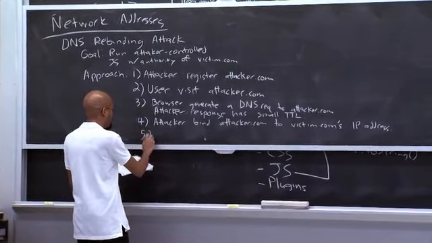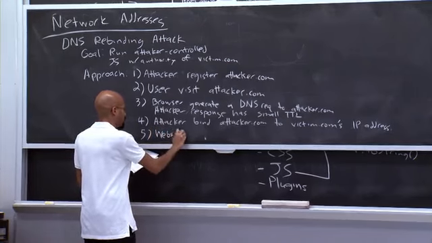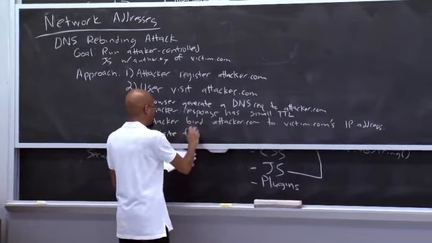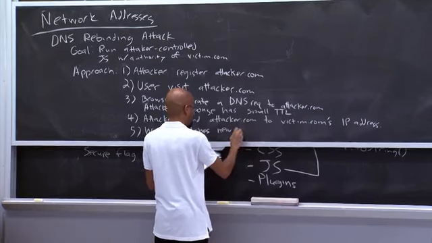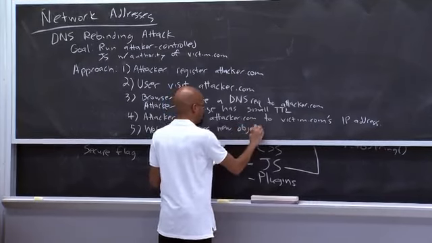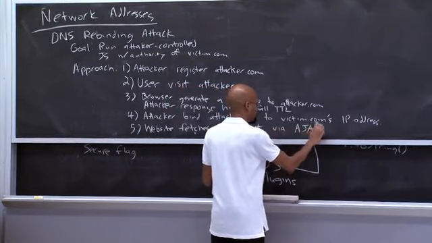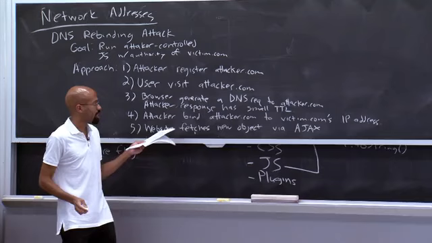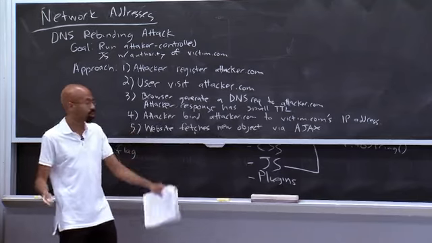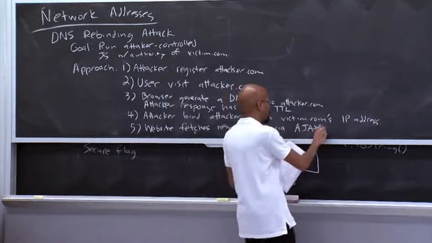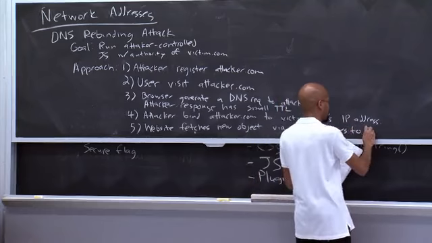What will happen is that the website wants to fetch a new object, let's say via AJAX. It thinks that that AJAX request is going to go to attacker.com somewhere externally, but this AJAX request actually goes to victim.com.